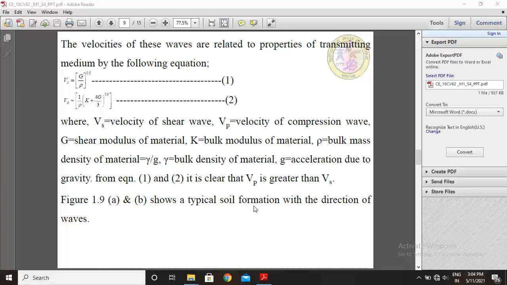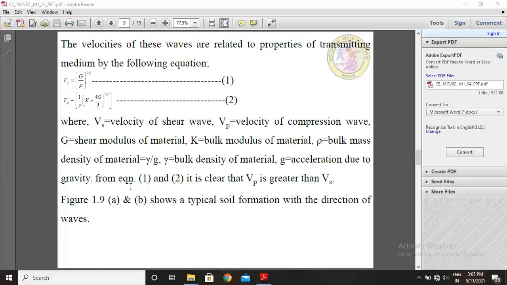The velocities of these waves are related to properties of the transmitting medium by the following equations: Vs equal to (G by rho) to the power of 0.5, this is equation 1, and Vp is given by (1 by rho times (K plus 4G by 3)) raised to 0.5, this is equation 2, where Vs is velocity of shear wave, Vp is velocity of compression wave, G is shear modulus of material, K is bulk modulus of material, rho is bulk mass density of material, given by gamma by g, gamma equal to bulk density of material, g is acceleration due to gravity.